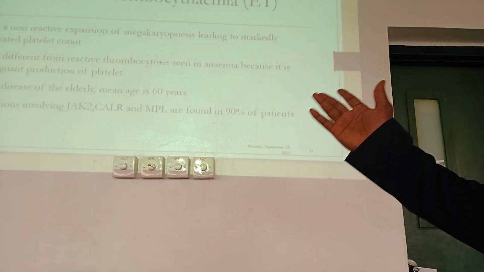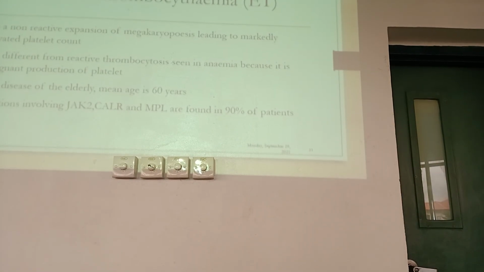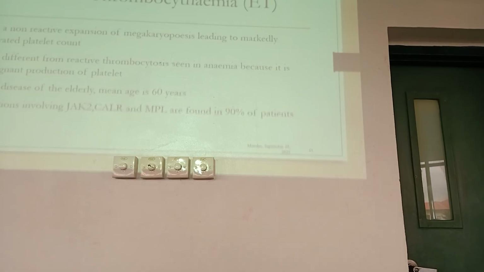Okay, and these are the usual mutations associated with essential thrombocythemia. I talked about calreticulin, and MPL, myeloproliferative leukemia mutation.